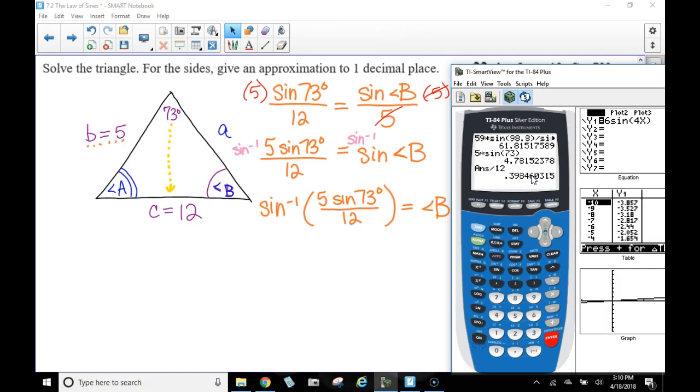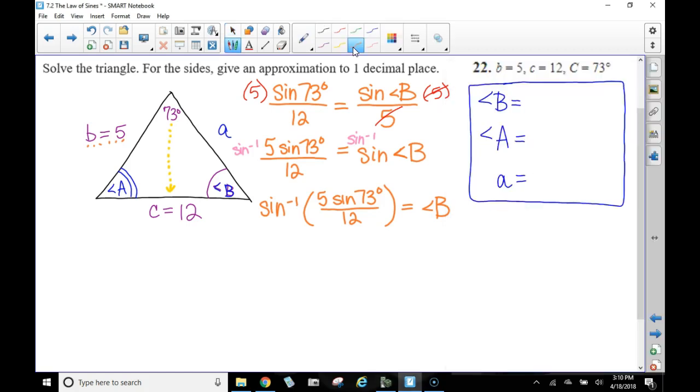We're not done yet here, okay? But what we've got so far, this number in here was about 0.3984 and then some stuff. I can't remember. Okay? And here you want to see if, not only do we have one triangle, now would we have two triangles?